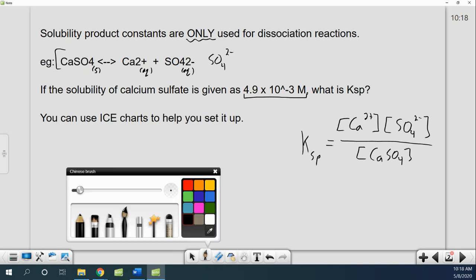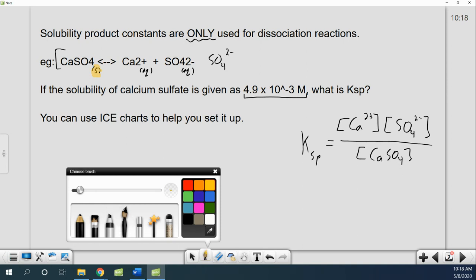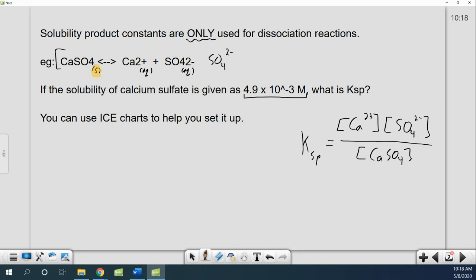But one thing to note, very important thing to note, I'm going to highlight it here. Calcium sulfate is a solid, which means in this reaction, I don't need it. Solids have a set concentration. It never changes, so it's lumped into KSP for you.